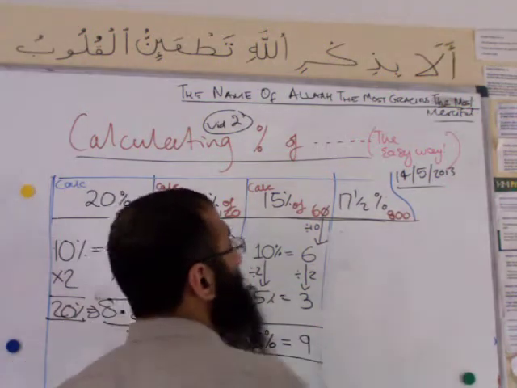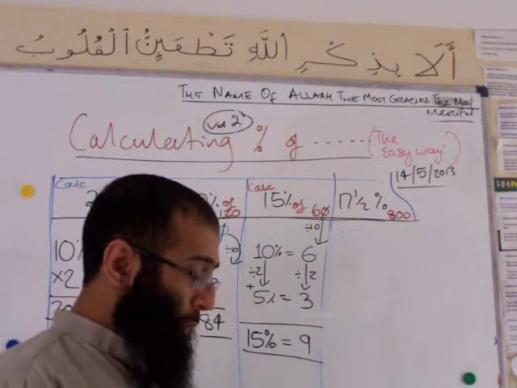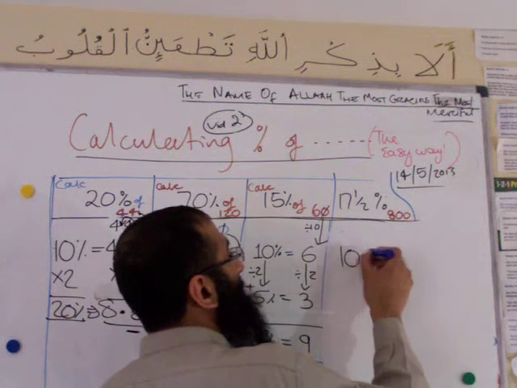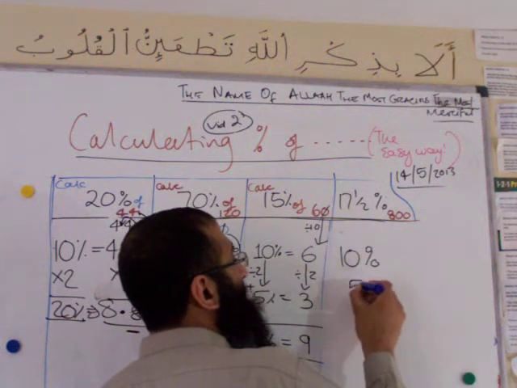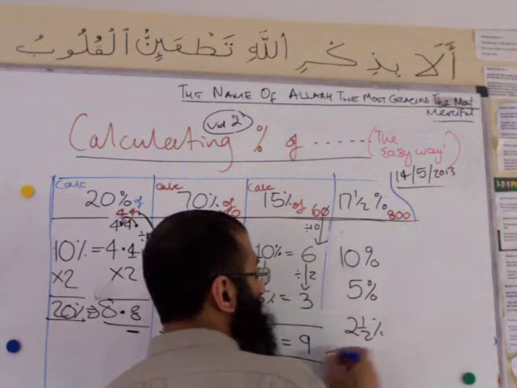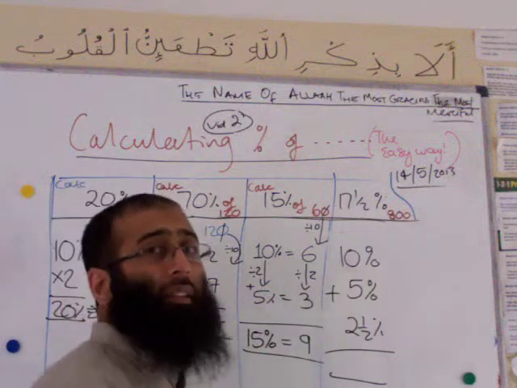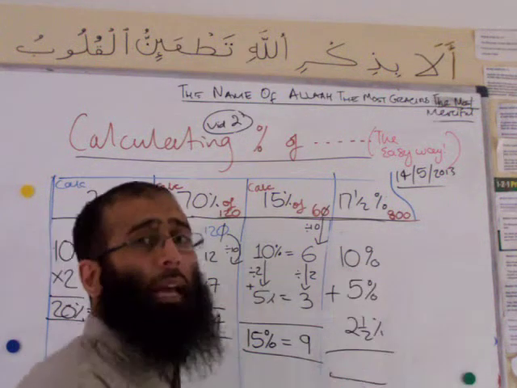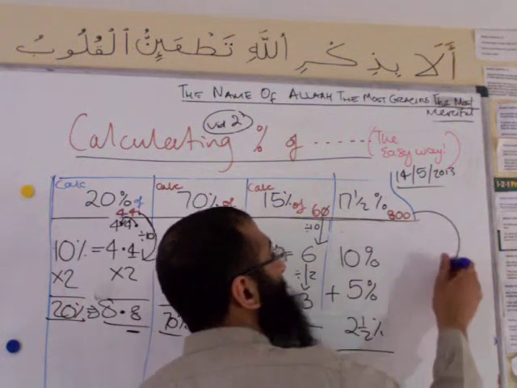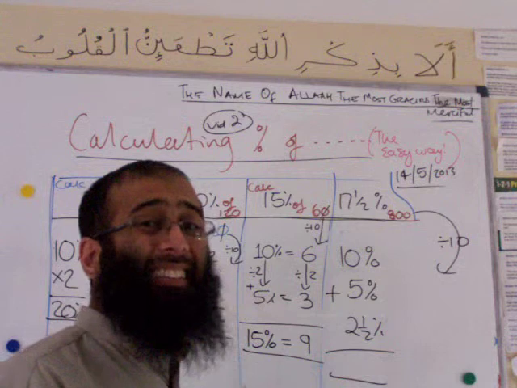Last question on this video, 17.5% of 800. This is pushing the boat out a bit more. How do we work that out? First of all, 17.5% is made up of what? 10%, 5%, and how much more? If you want to get 17.5%, you need 10% and 5% and 2.5%. So 800, we divide by 10, because 10% is a tenth.